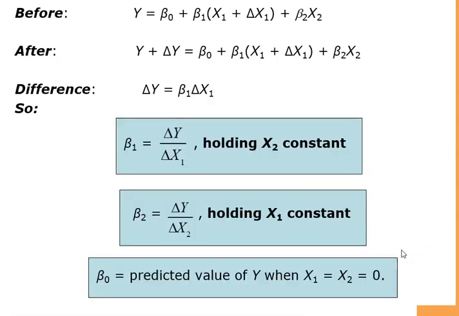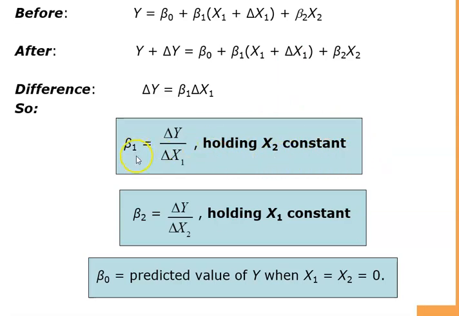So that would simply mean that the change in y is equal to beta 1 multiplied by the change in x1. It's a very simple situation, pretty much the same as before in the case of one regressor. The only change here is that we are holding x2 constant.